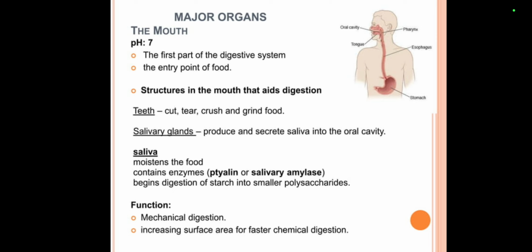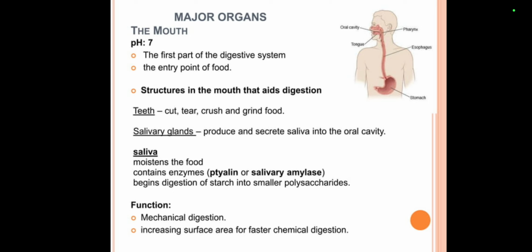It's very important to have salivary glands to produce and secrete our saliva. Saliva moistens our food. It contains an enzyme called ptyalin, or salivary amylase, and it begins the digestion of starch into smaller polysaccharides.